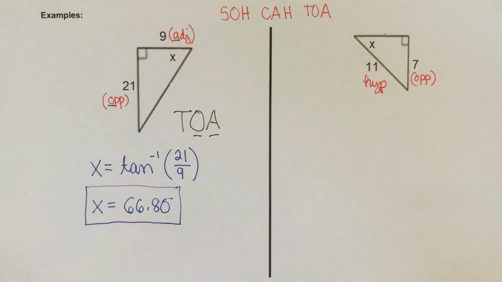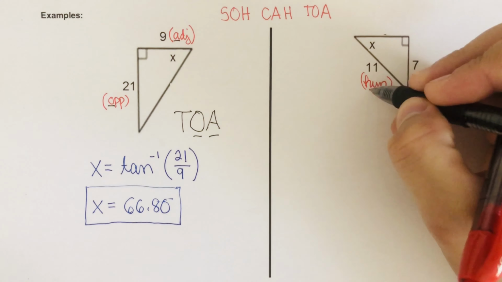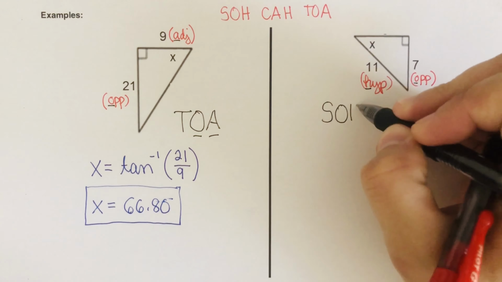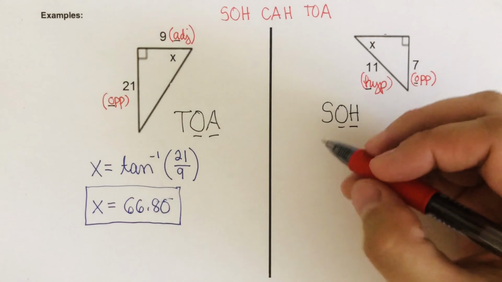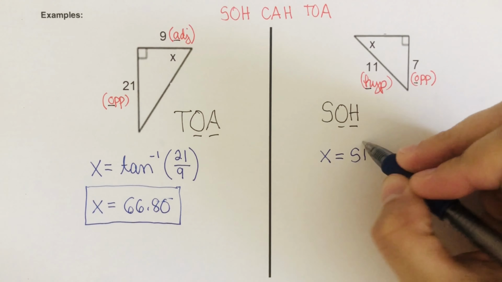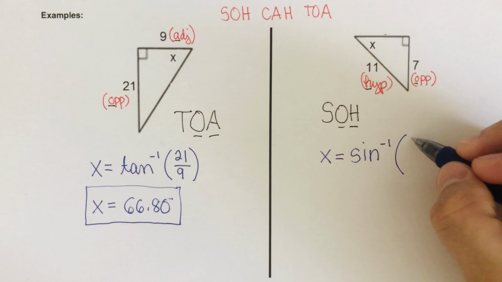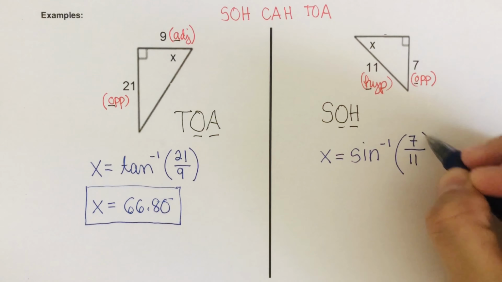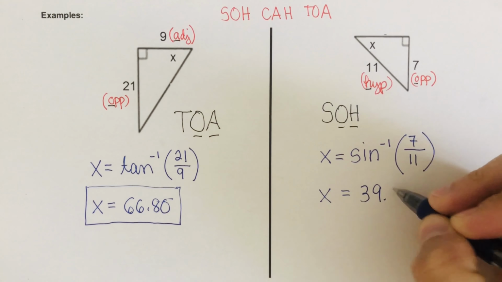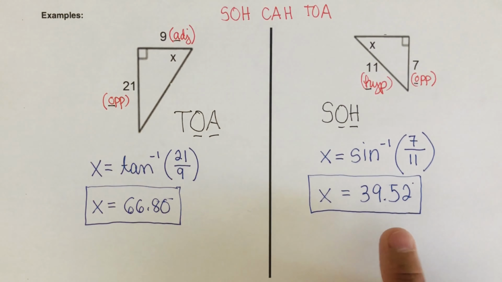Since we have opposite and hypotenuse, that's SOH, so we are going to use sine. I set up x is equal to arc sine, sine -1, of the opposite 7 over the hypotenuse 11. Using a calculator, this should come out to 39.52 degrees.